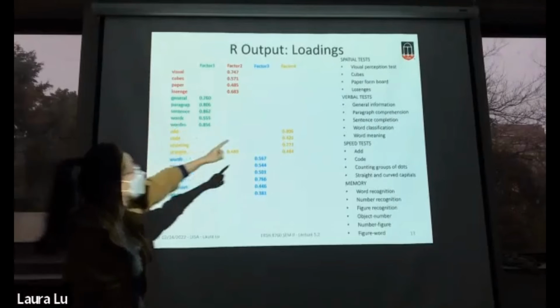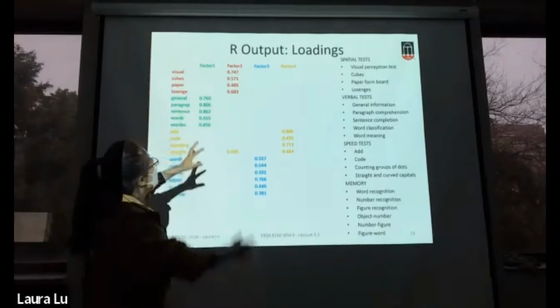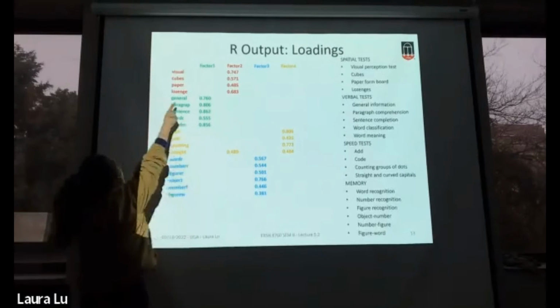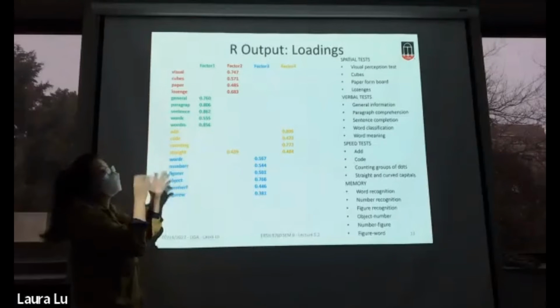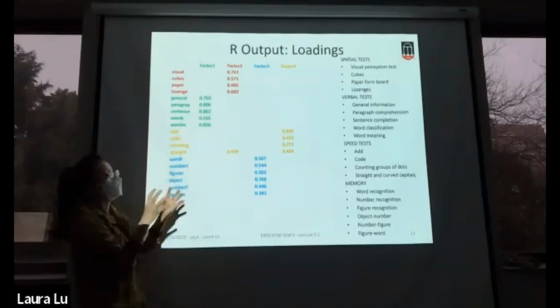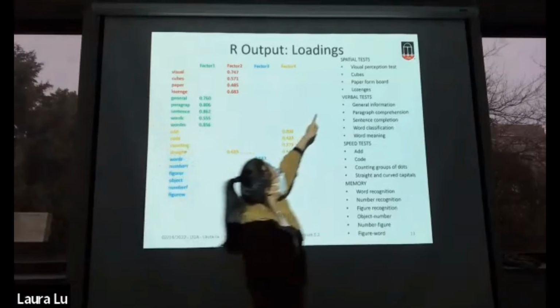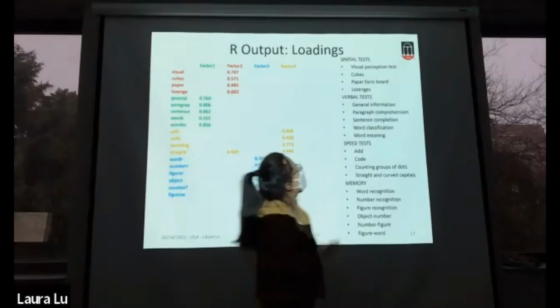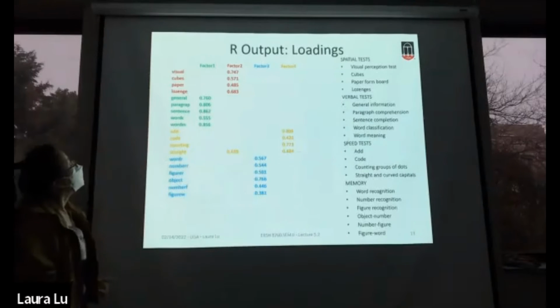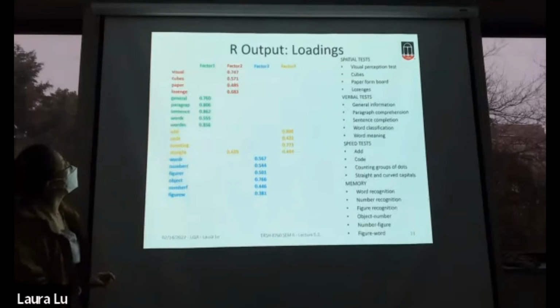It's influenced by factor 2. By looking at these 4 tests, you can give it a name by finding the common character of these tests. It's actually spatial ability. These 4 tests measure spatial ability.